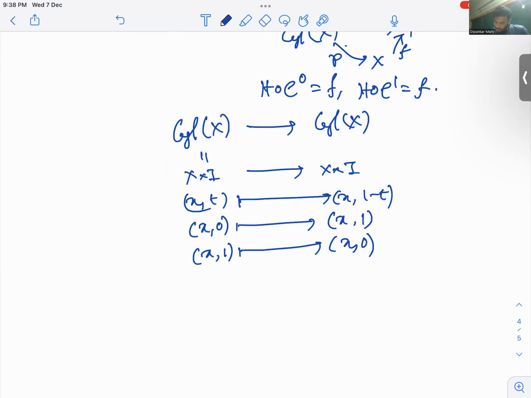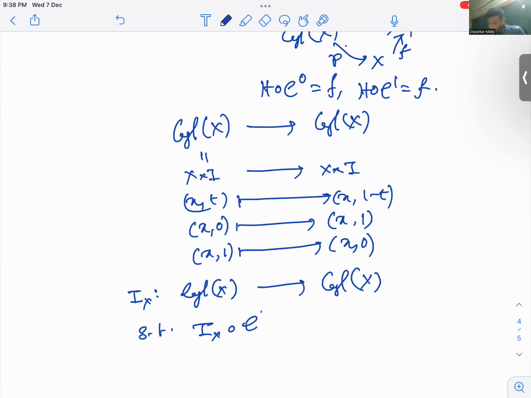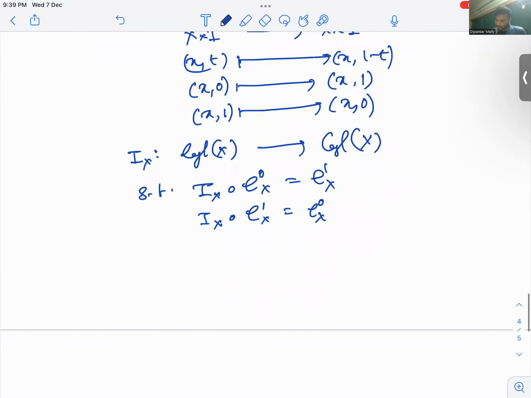So what I want is a map from the cylinder on X, or you can think of it as a natural transformation, I_X, such that I_X composed e0_X is e1_X, and I_X composed e1_X is e0_X. Then this would become symmetric.